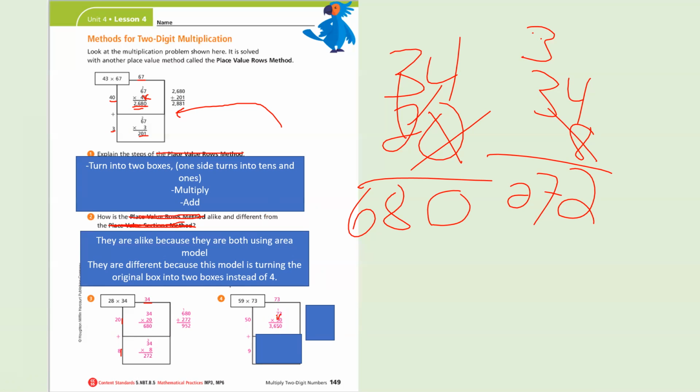And then 5 times 7, which is 35, plus 1, which is 36. Answer is 3,650. And then on the bottom, it's 73 times 9. 9 times 3 is 27. 7 times 9 is 63, plus 2 is 65. So 73 times 9 is 657. And then you add those two together to get your answer, and your answer is 4,307.